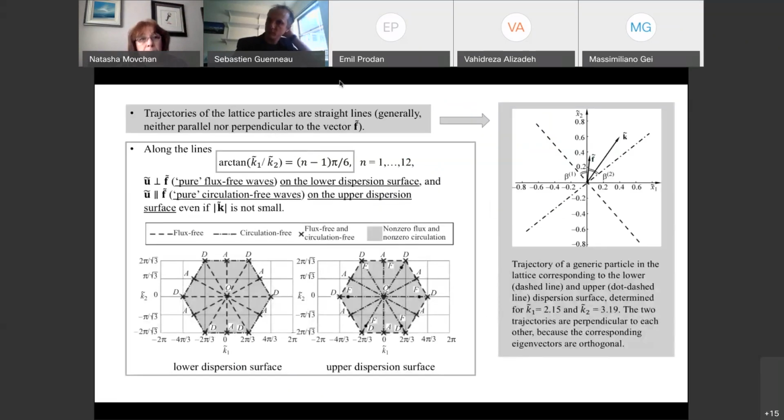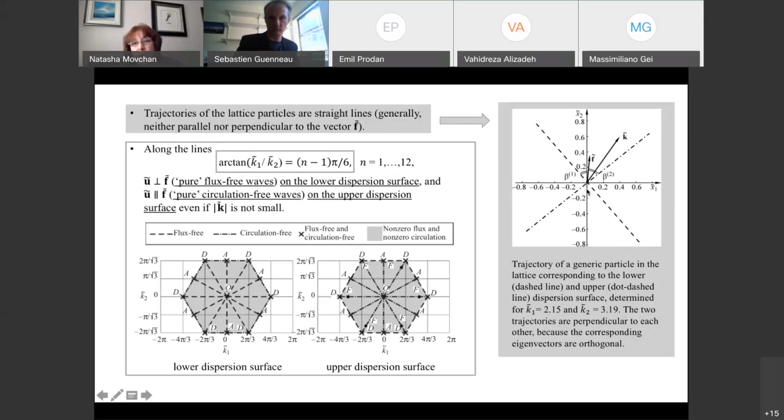Now, since the trajectories of the lattice particles are straight lines, we can imagine how the particles move within the lattice. And generally, these trajectories are neither parallel nor perpendicular to the vector f. On the right-hand side of my slide, I have a diagram which shows the trajectories.